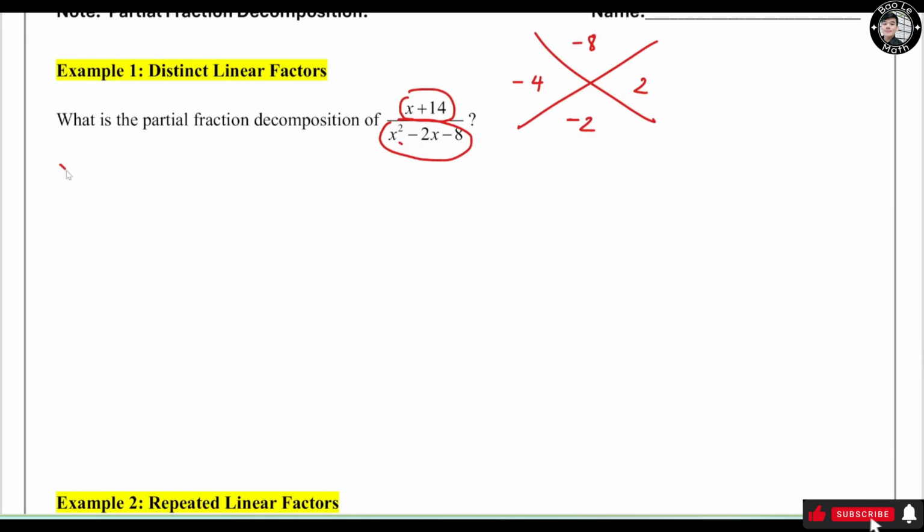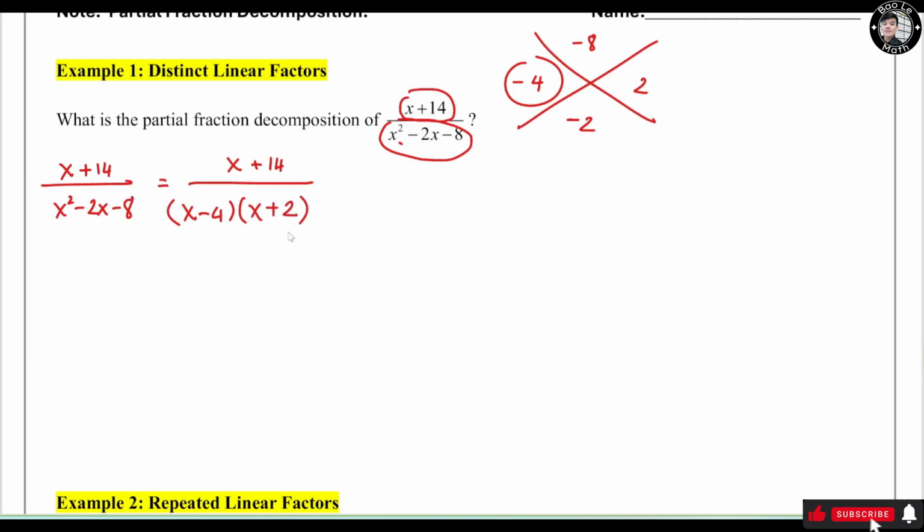So s plus 14 over s squared minus 2s minus 8 equals s plus 14 over s minus 4 times s plus 2.